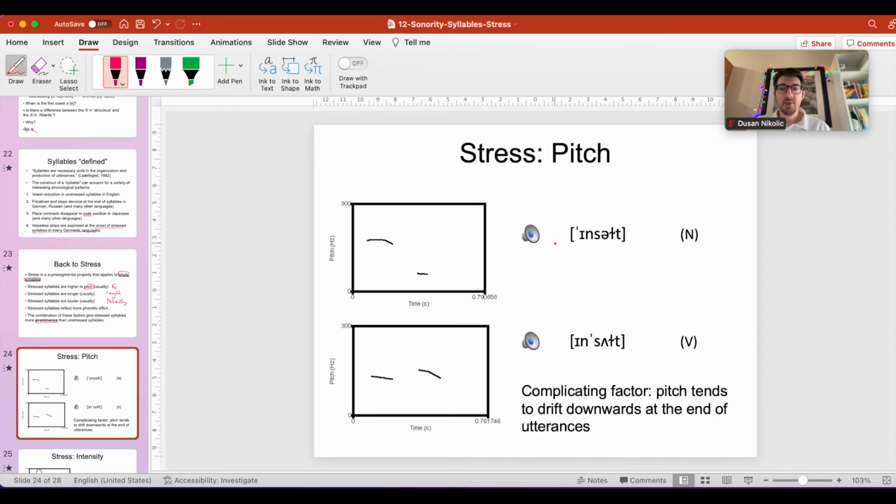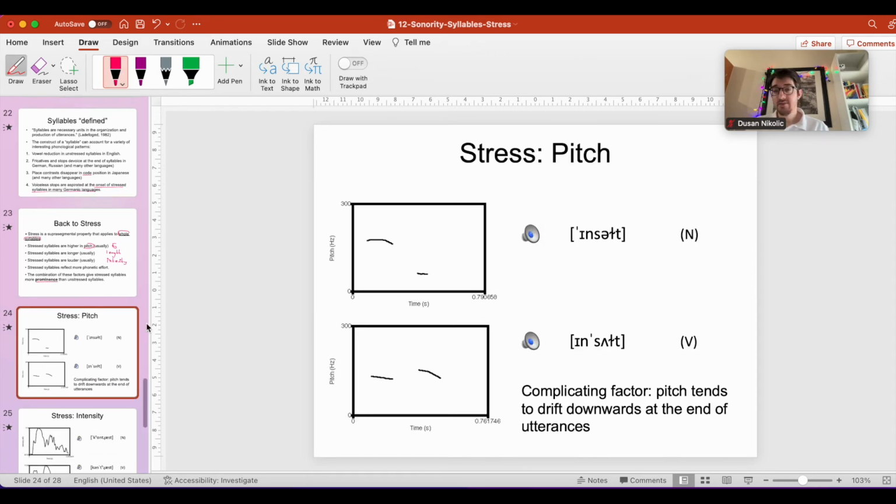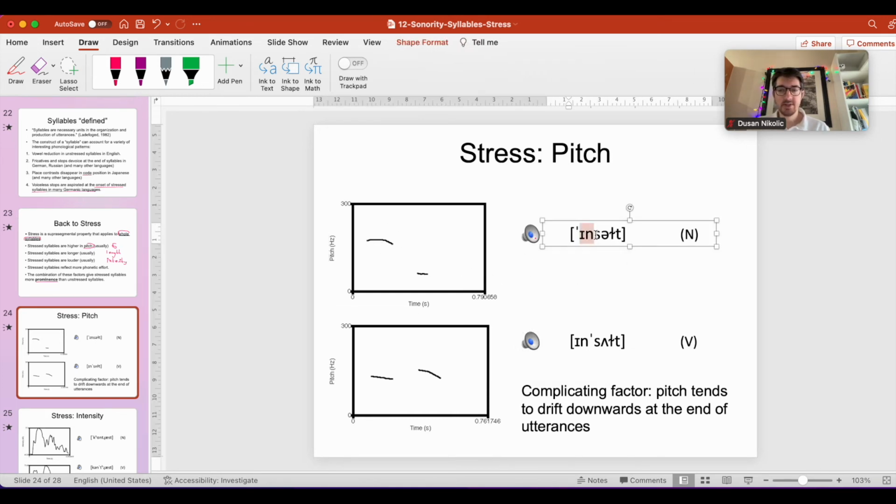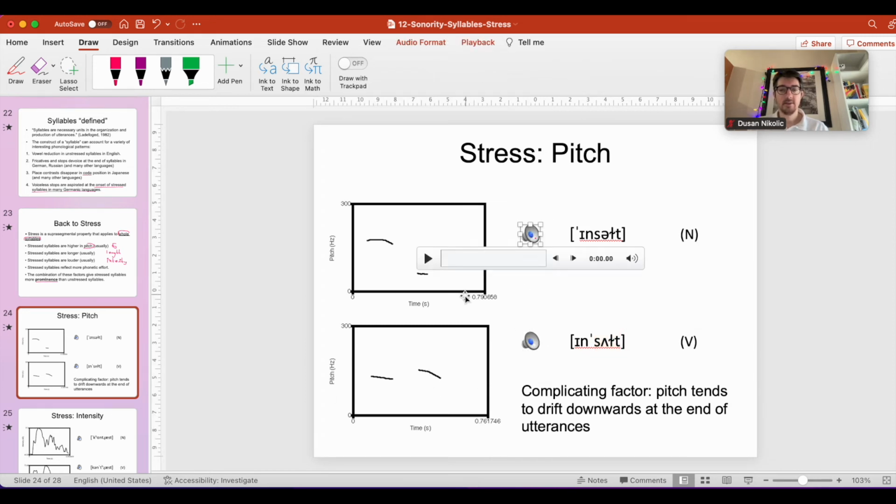And when we talk about pitch or F0, this is the word insult. Sorry, insult. My bad. And this is the word insult. Where the pitch is quite higher on this first syllable, while here the pitch is higher on the second syllable, salt, right? Insult.